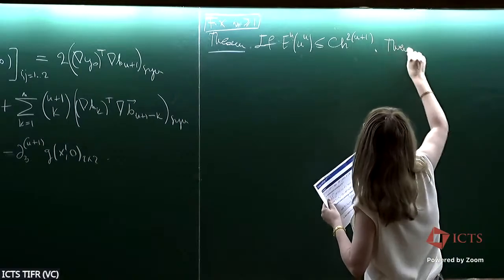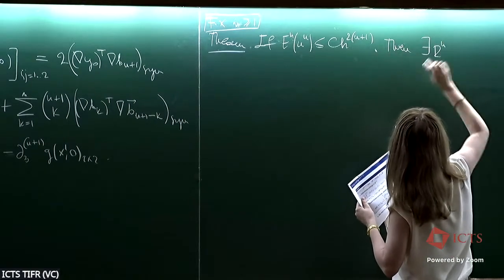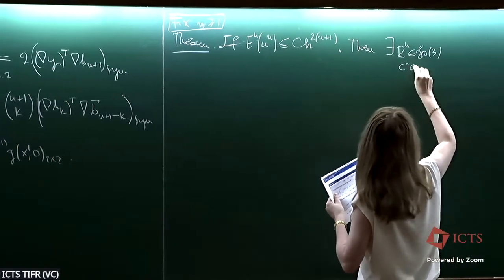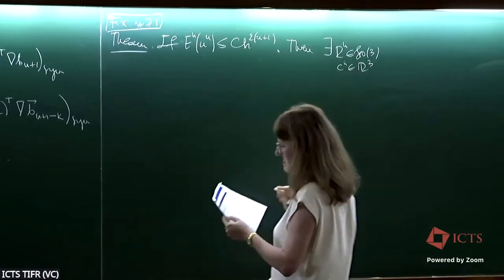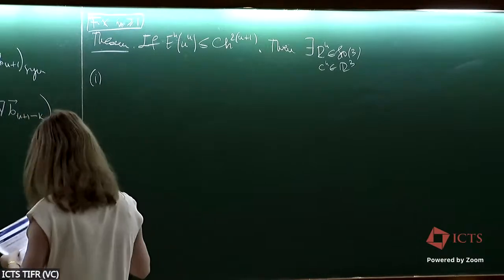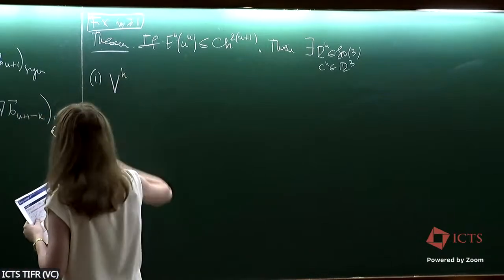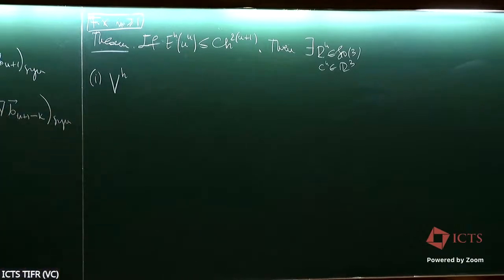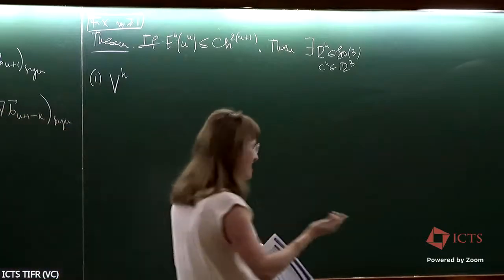Then I claim there exists a sequence of rigid motions, a rotation in SO3 and a translation in R3, such that condition 1, I will have to look at the displacement with respect to Y0 and its normal displacement related to the sequence of BHs, of BKs that I have defined.